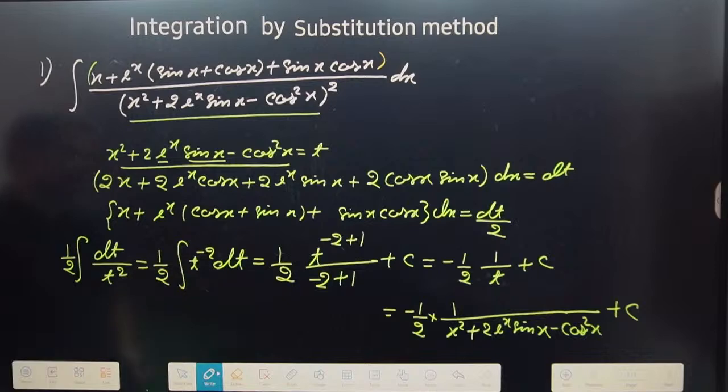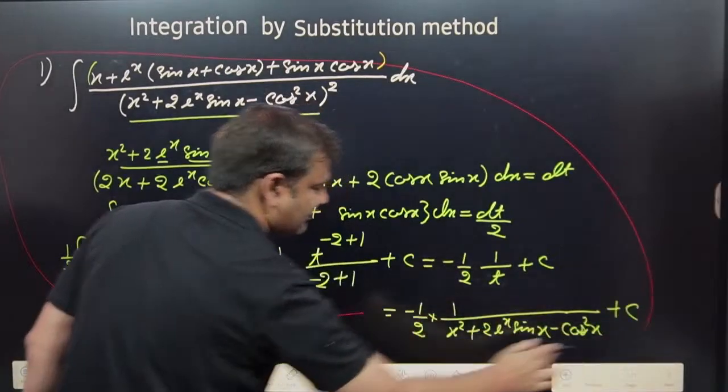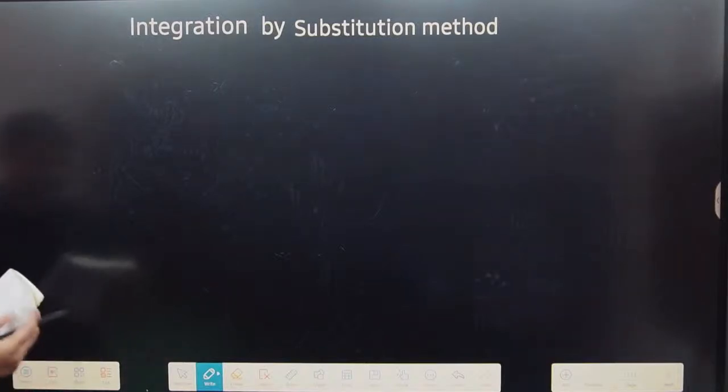Now we are focused on another question on the basis of the integration by substitution method. Okay.